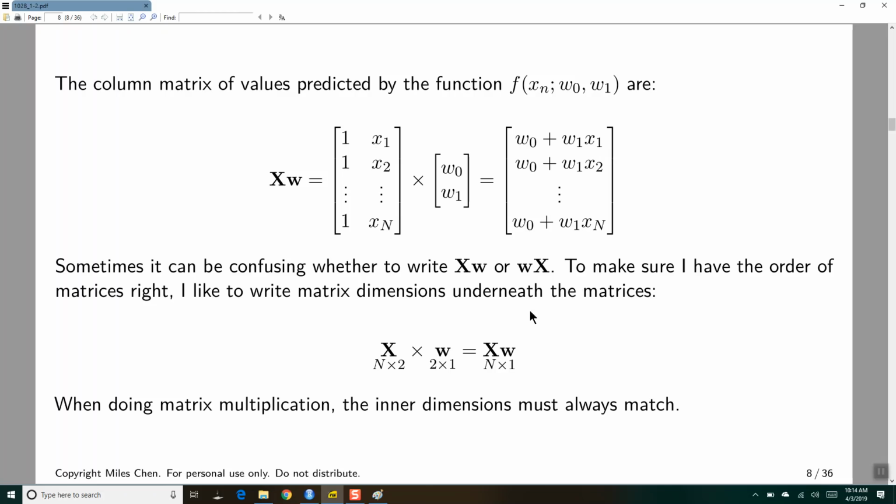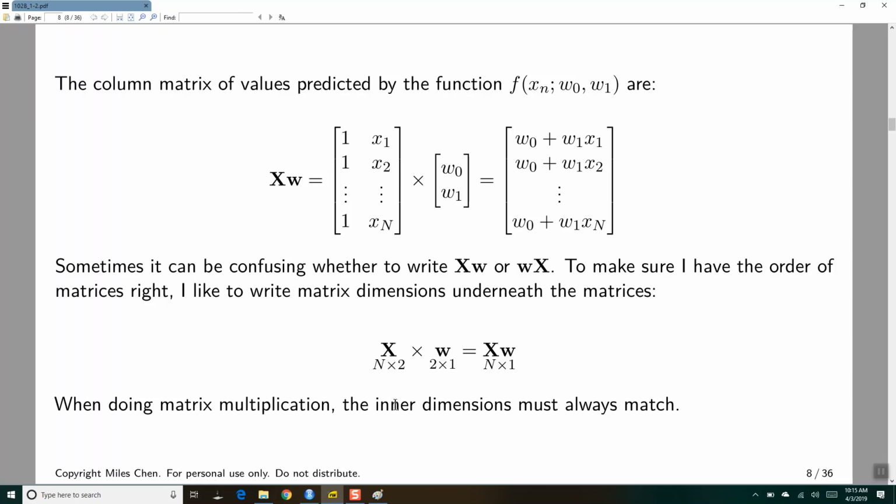Now, when you do matrix multiplication, for me, it's not always intuitive whether I should do X times W or W times X or things like that. And so what I like to do is I always write the dimensions underneath each matrix, and this helps me keep track of the order of the multiplication that needs to be done.